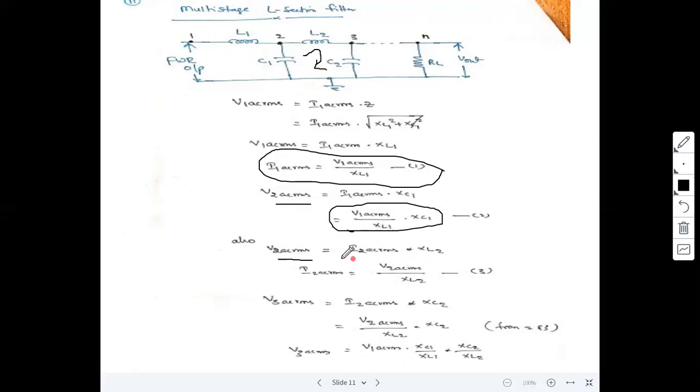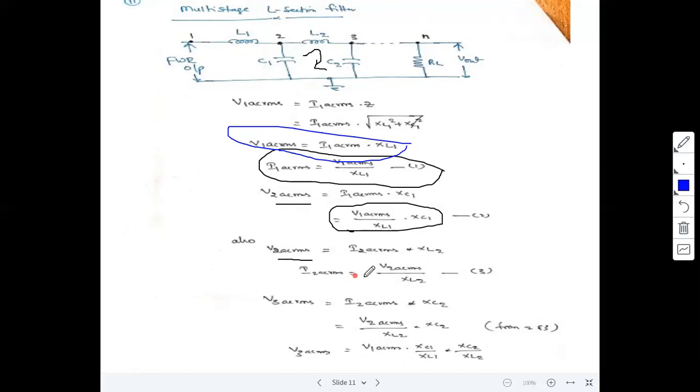Same as before, where V1 AC RMS is equal to I1 AC RMS into XL1, similarly V2 AC RMS is equal to I2 AC RMS into XL2.